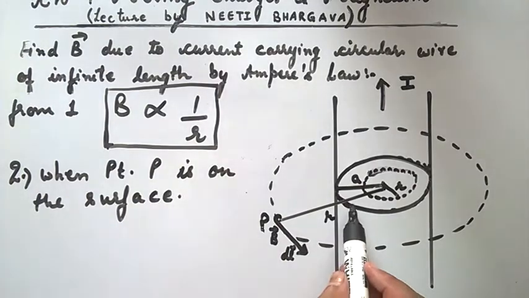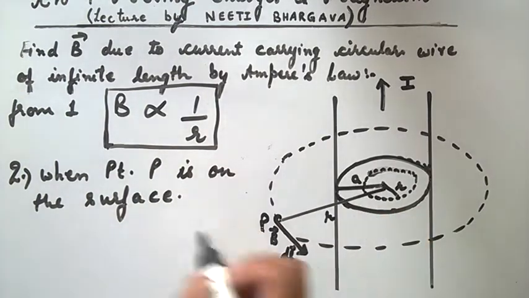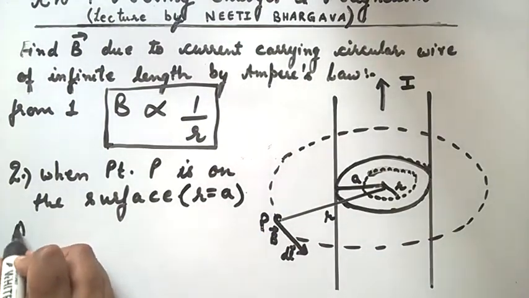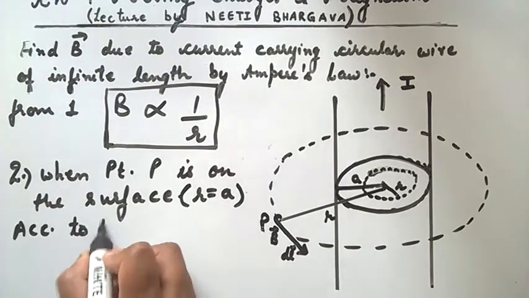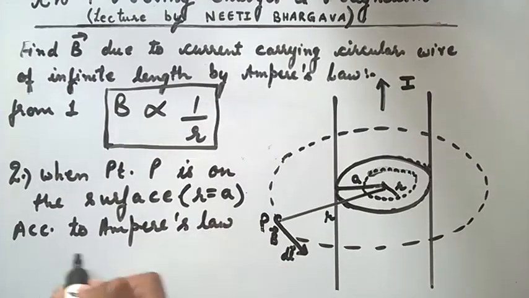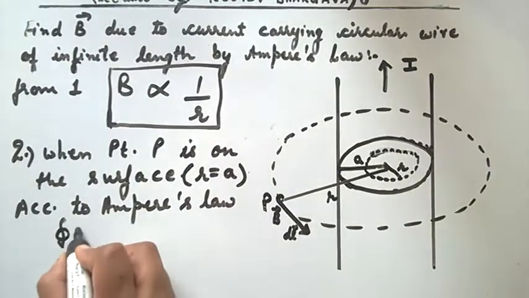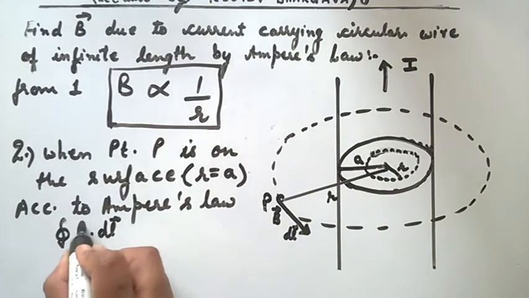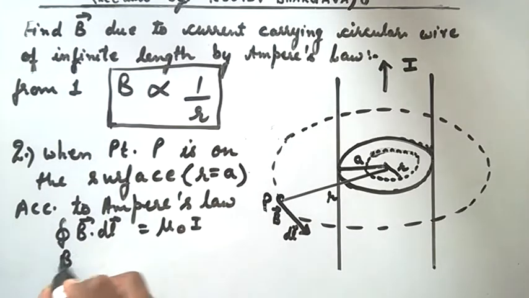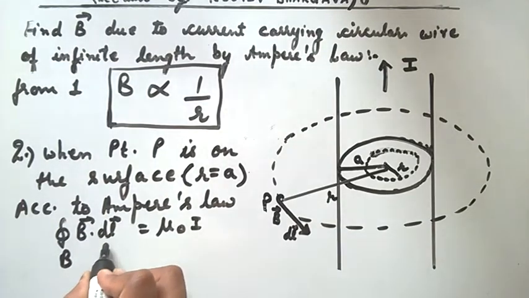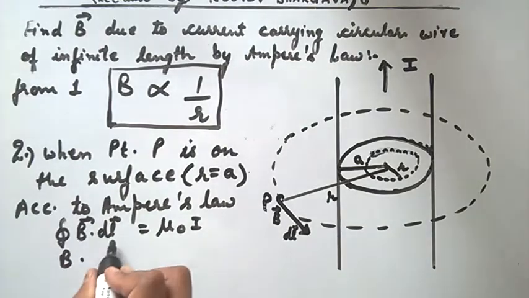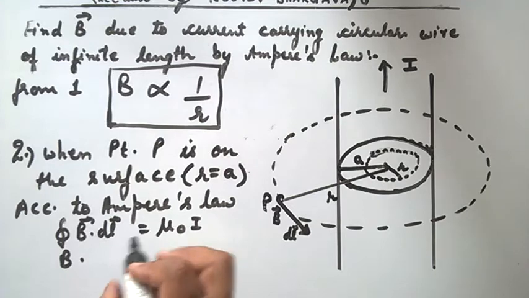When P is lying on the surface, then the Amperian loop is on the surface, therefore r is equal to a, and in this case, according to Ampere's law, closed integral B dl equal to mu naught I. Here closed integral dl is 2 pi a, and angle between B and dl is same, that is cos 0 is 1.